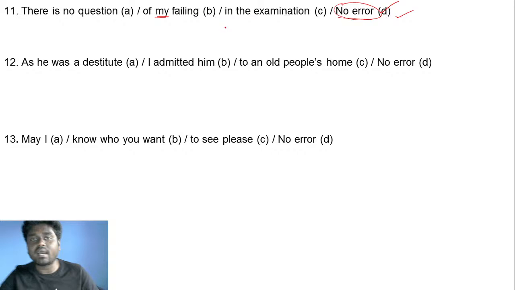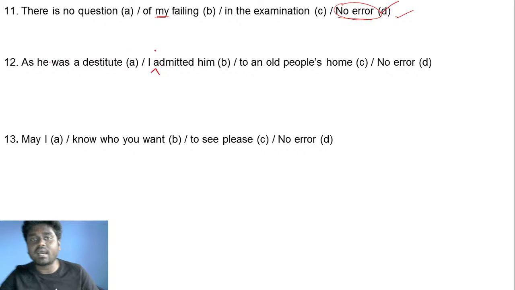Go for the 12th one. Yes, 12th one, guys. As he was a destitute, I admitted him to an old people's home. What is the error you have here? The real error is with part B. It should not be I admitted him.